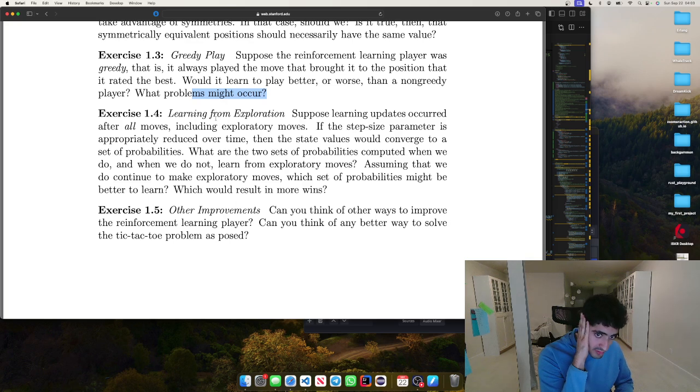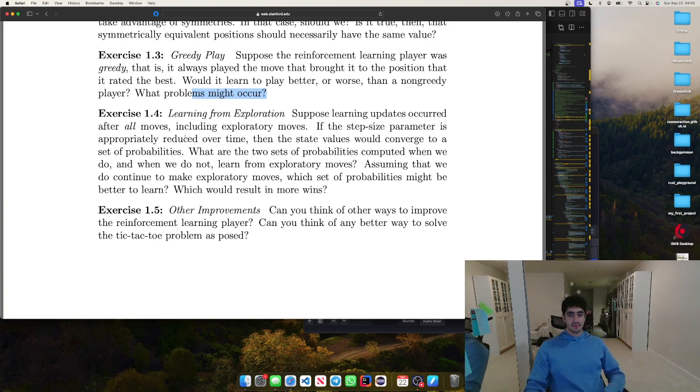What are the two sets of probabilities computed when we do and we do not learn from exploratory moves? Seriously, I don't understand this question.